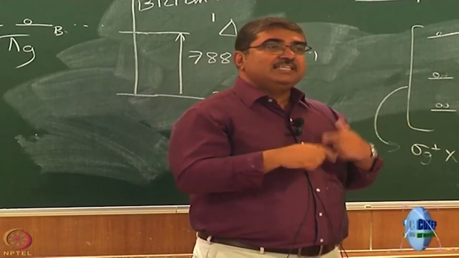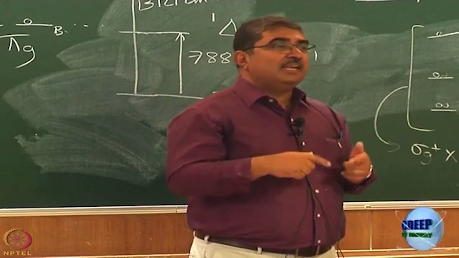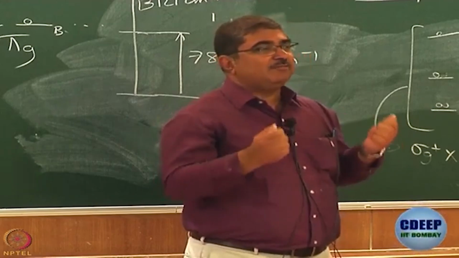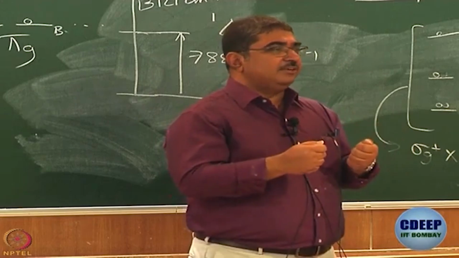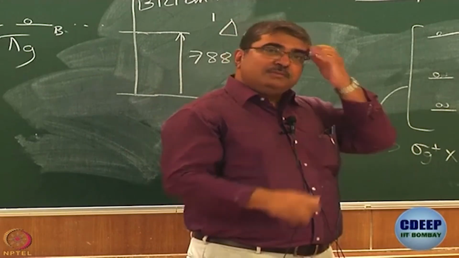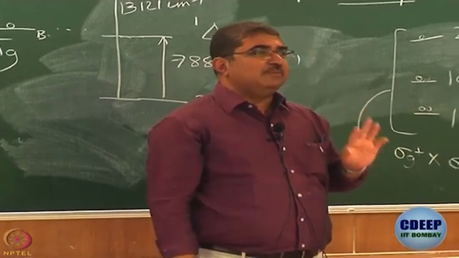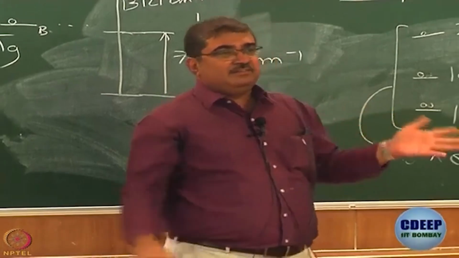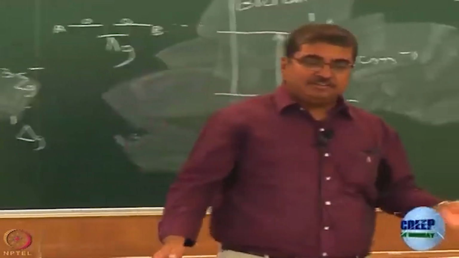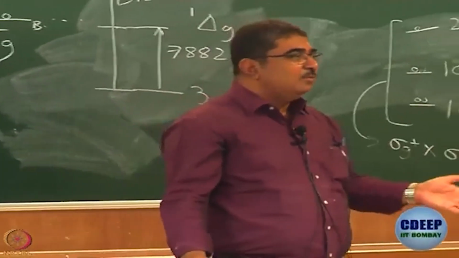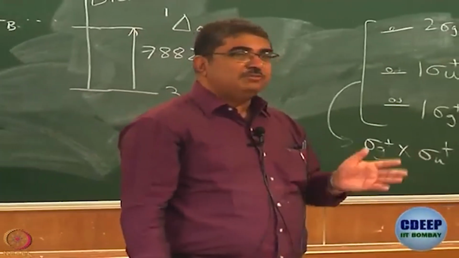Sometimes it is not orbitally allowed, but it becomes allowed vibronically by coupling of vibration with your electronic motion. So, maybe we will start with an example next day, because this totally symmetric representation thing is something that we have beaten black and blue while talking about normal modes. So, we do not have to repeat it.